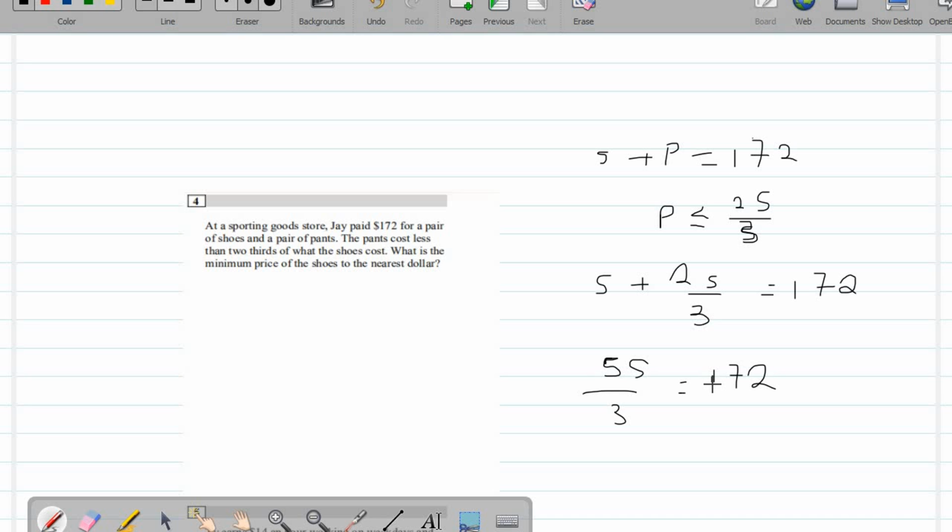So the minimum price we're having for the shoes, since it's to the nearest dollar, is $103, because actually it's 103.2.